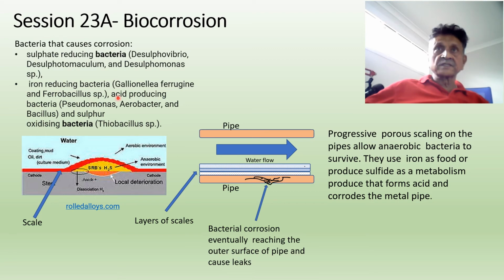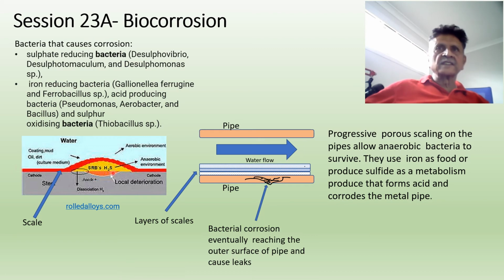Other acid-producing bacteria are Pseudomonas, Aerobacter, Bacillus, and sulfur-oxidizing bacteria, Thiobacillus, which is part of the sulfate-reducing bacteria. Now, iron-reducing bacteria means iron is being used. When the bacteria need iron to metabolize, they produce acid, dissolve the iron of the pipe, and then use it for their metabolism.